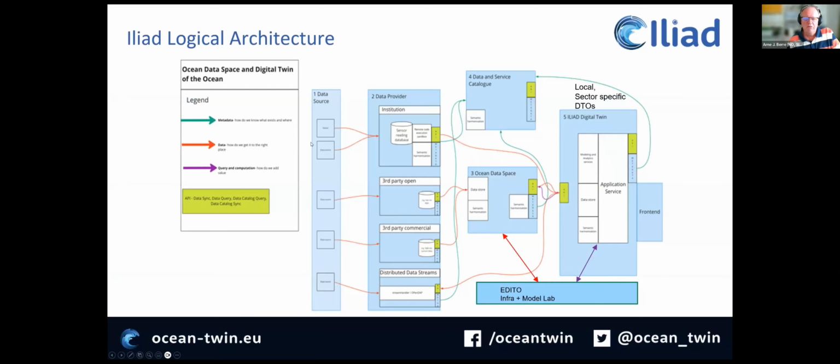So that means that we look into the data space that we will talk more about as the federated input. And of course, twins can also be part of the data and service catalog. So there can be a catalog of twins also, and federation and interoperability of twins.